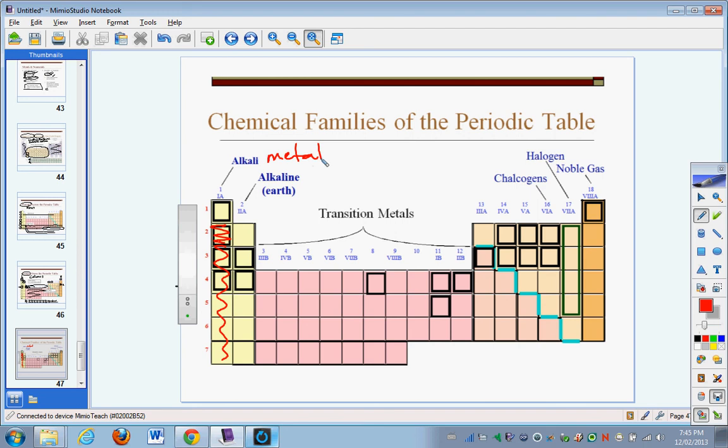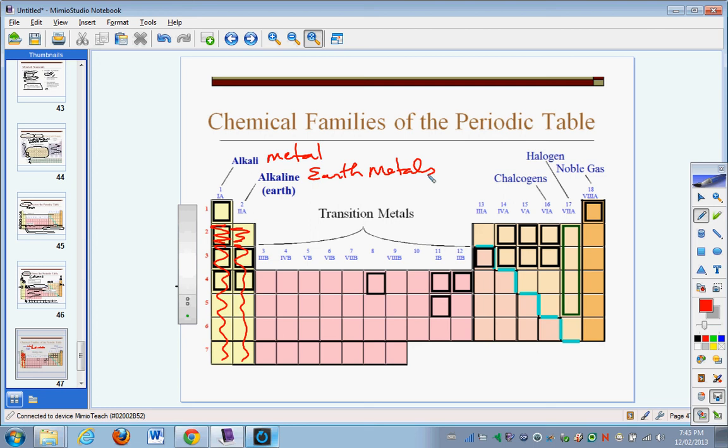Right beside lithium is beryllium, and all the way down in column 2, group 2, we have the alkaline earth metals. So notice hydrogen, although it's in group 1, hydrogen is not an alkali metal because it's not a metal.